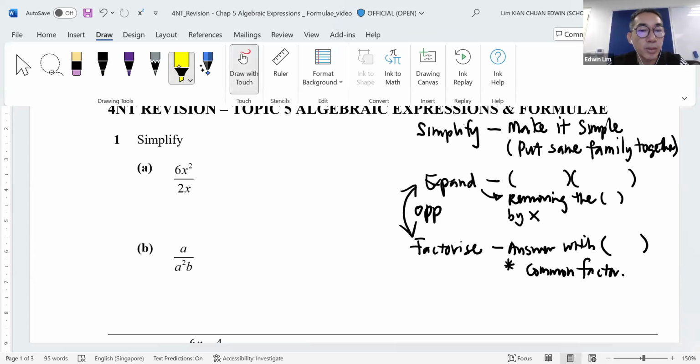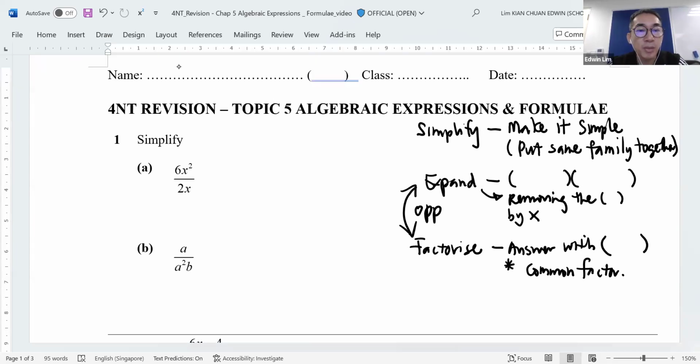So, right now, I'll go on to question number 1. Simplify, make it as simple as possible. Look at the question, it actually says two fractions are there. Part A is 6x squared over 2x, meaning if we can cancel off the common factors, the fraction will become more simple.